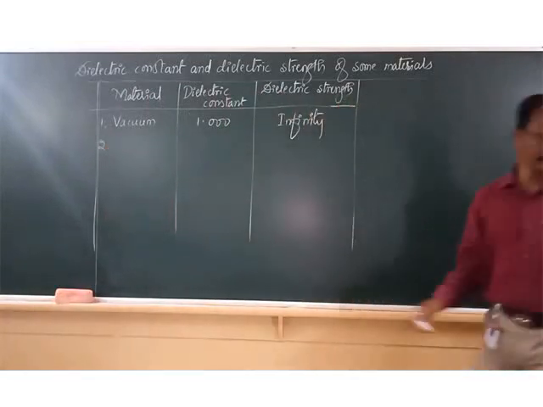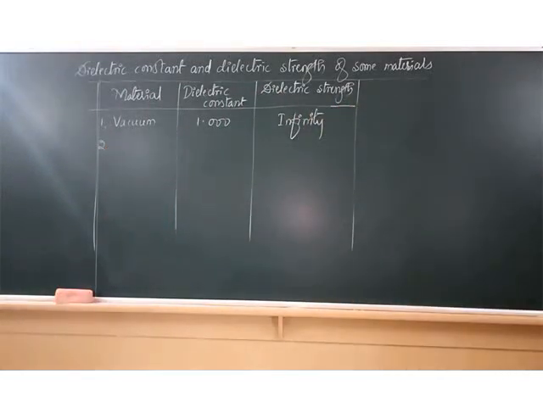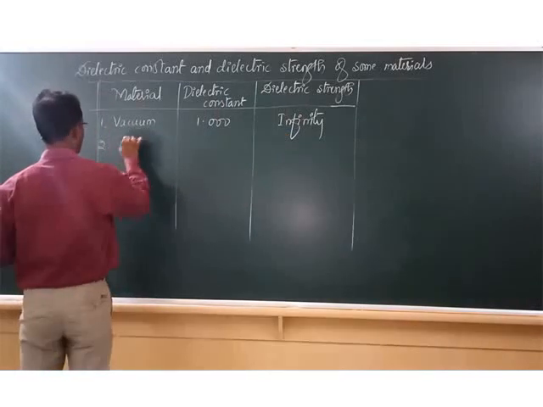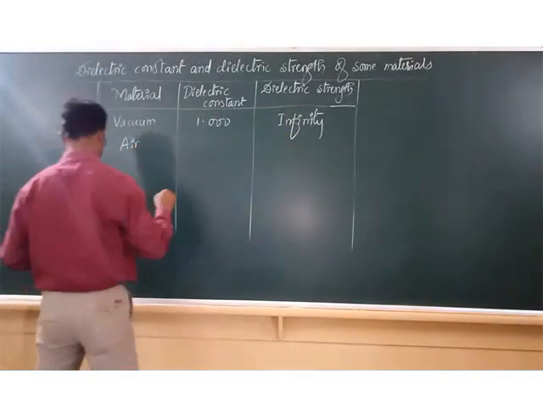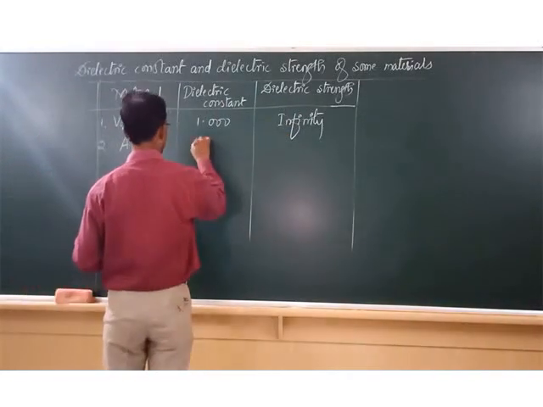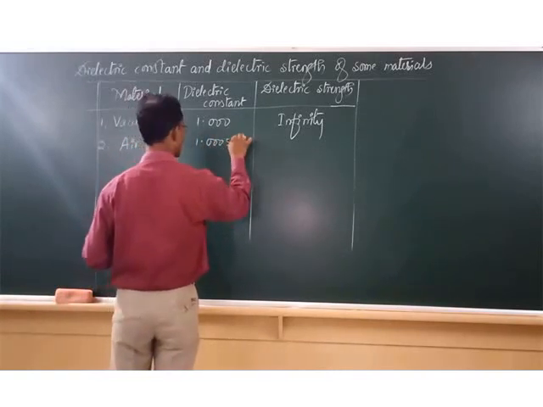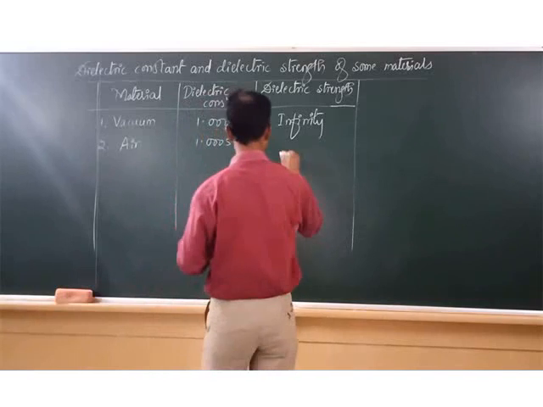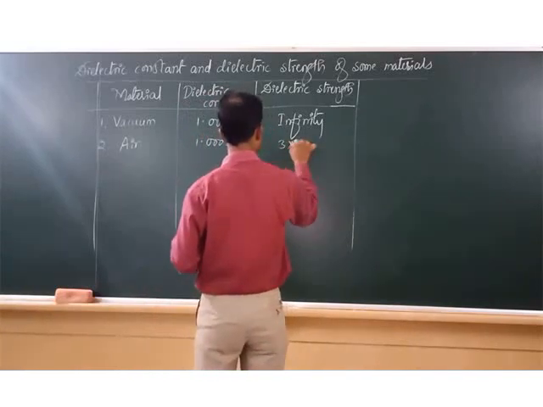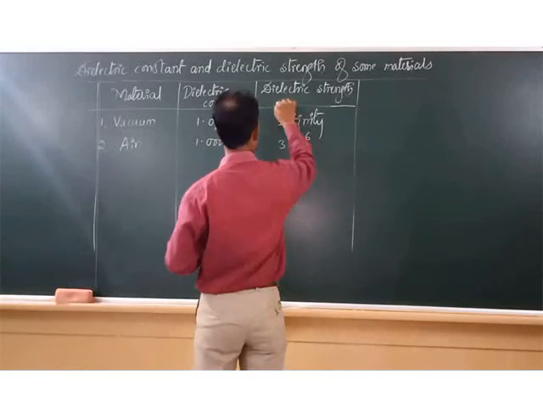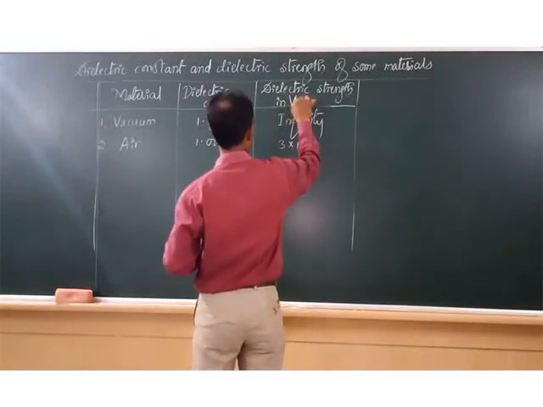The second material is air. For air, the dielectric constant is 1.00059 and its dielectric strength is 3 into 10 raised to 6 volt per meter.